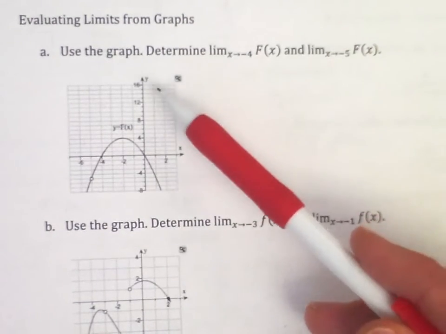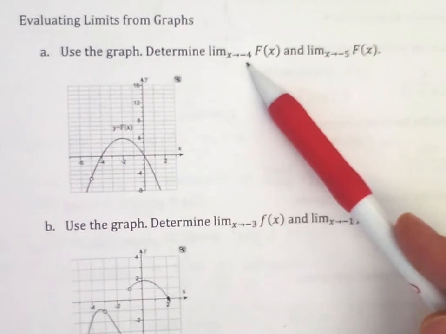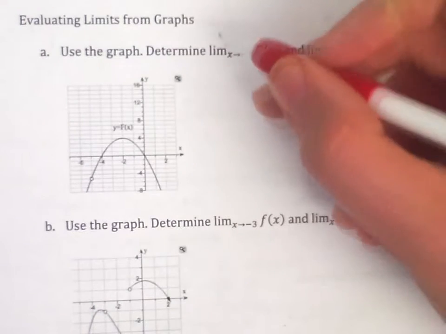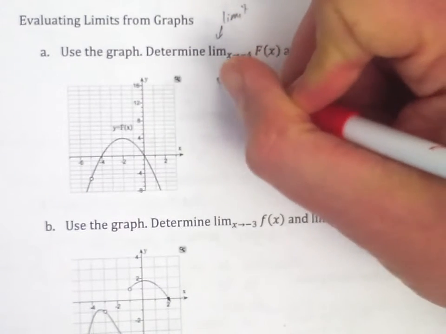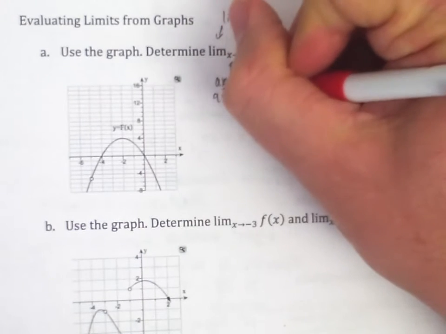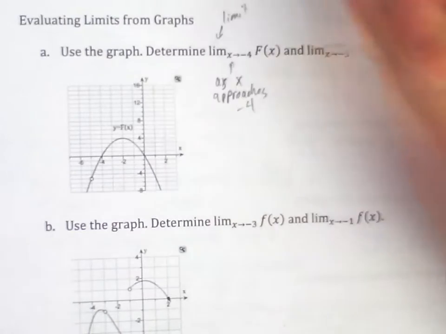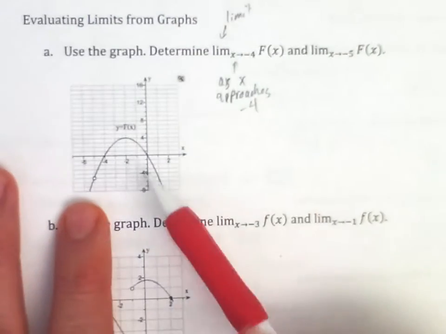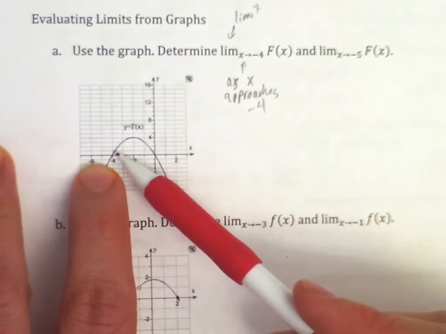So this asks us to determine the limit as x approaches negative 4. So again, we're looking at what happens on the graph as we get close to x equals negative 4.